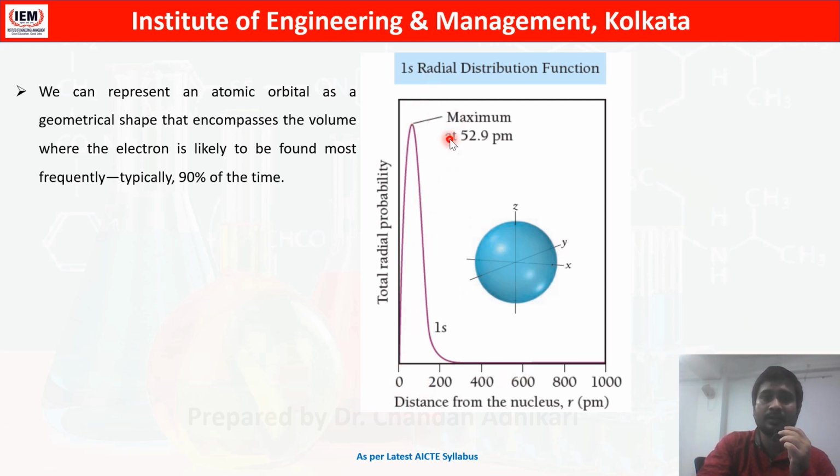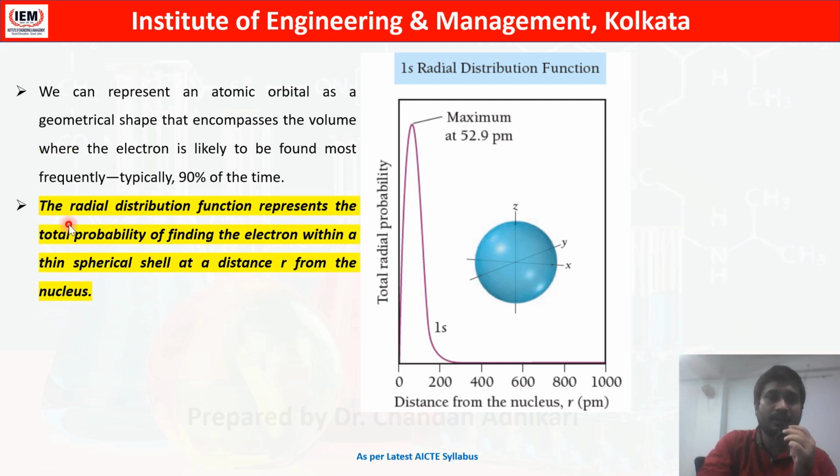For example, in this case the maximum probability of finding the electron is at 52.9 picometer. So this is the radial probability distribution for the 1s orbital.